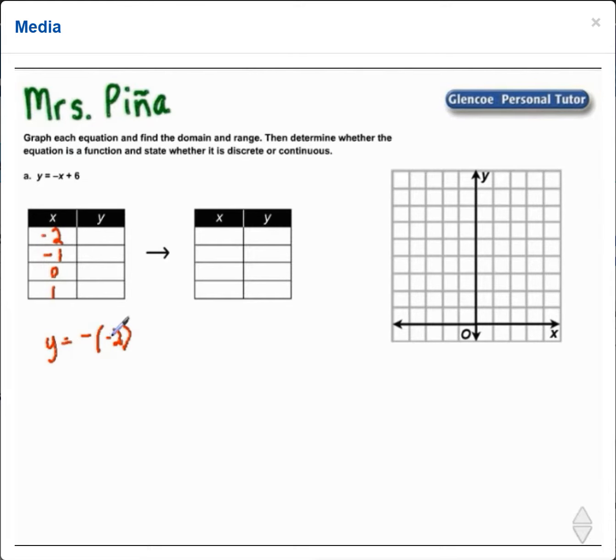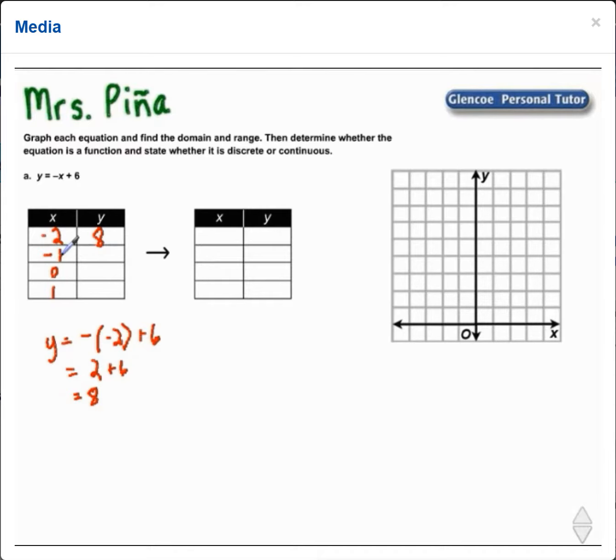When you have two negatives next to each other, putting the number in parentheses makes sure that you don't lose the negative sign. Plus 6. The opposite of -2 is 2 plus 6, which is 8. So the corresponding y value when x is -2 is 8.